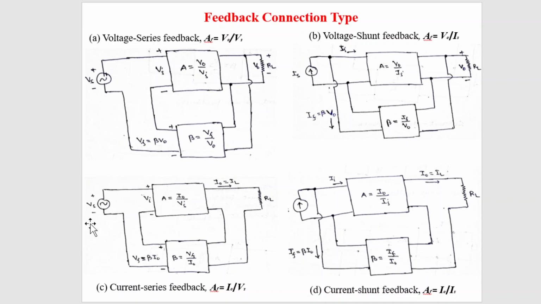So we have an input source voltage and an input voltage, and then we have an output signal after the amplifier circuit. Here we have the output as a current, IO, flowing through the load resistance IL. In the input we have the input signal VI. Gain is output signal upon input signal, so the gain is equal to IO upon VI.